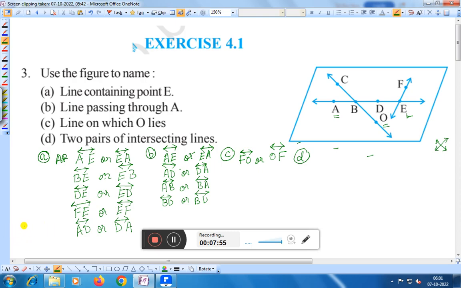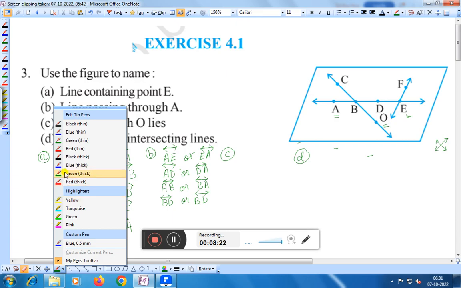Question number C again we are doing, that is line on which O lies. The O is a point, but we wrote FE or EF, right? This is not correct, right? We'll rub this out.